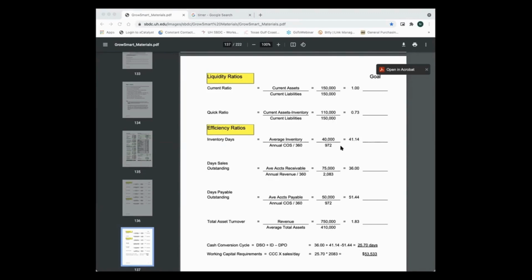One way to look at this is it's telling me that for every dollar in assets, I'm generating $1.83 in revenue. How productive are my assets? The higher the number, the better.